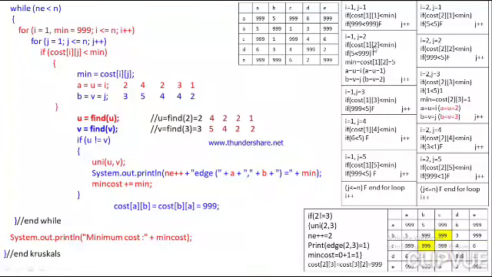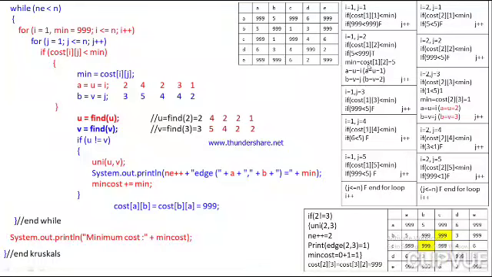Again I am checking the cost of 1, 2. Is the cost of i j less than the minimum? What is 1, 2? 1, 2 is nothing but 5. Here I am checking whether the cost of 1, 2 is less than the min. Min is 999 and the cost of 1, 2 is 5. Therefore 5 is less than 999, yes.